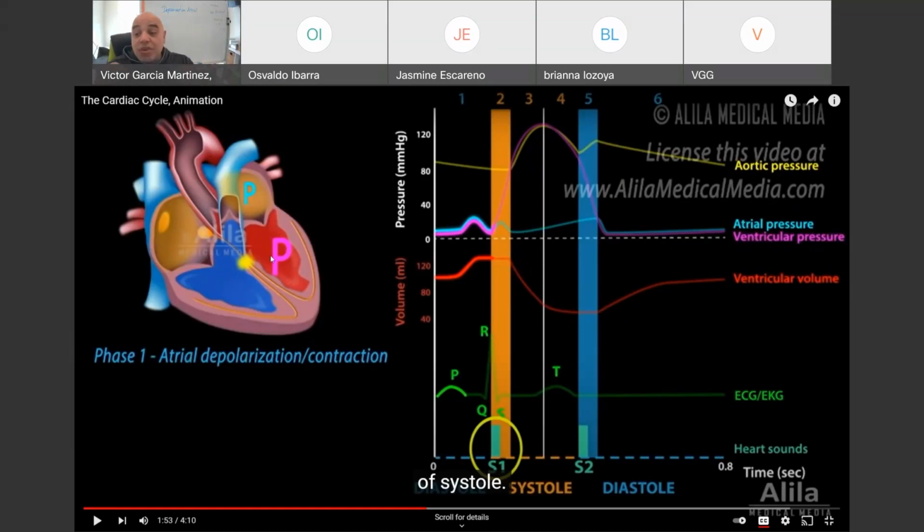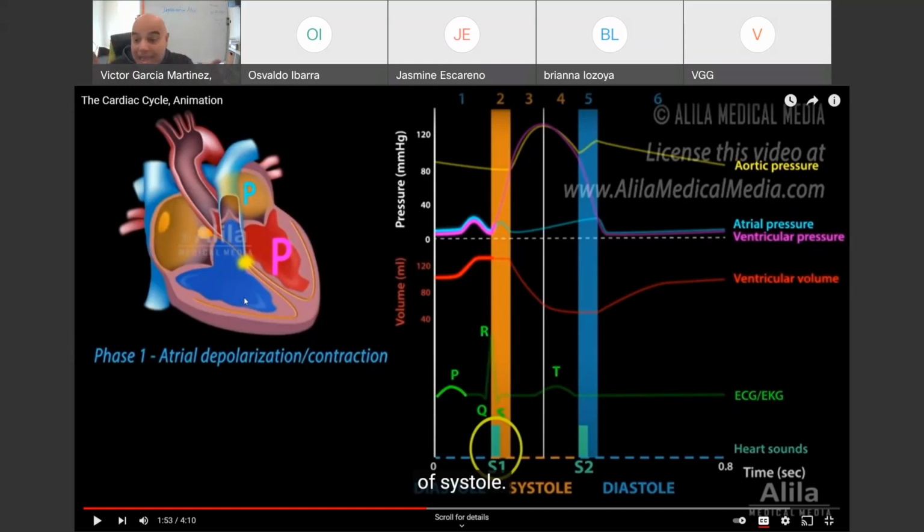When you have now low pressure in your atria, then these two valves are going to close, because remember, the function of the valves is avoiding the backflow, and you know the blood should be only in one direction, from the atria to the ventricle.